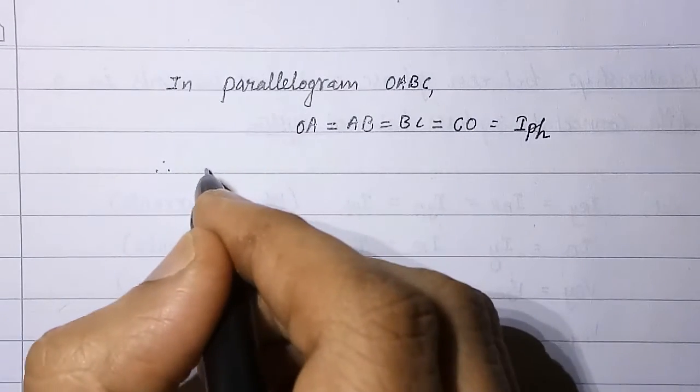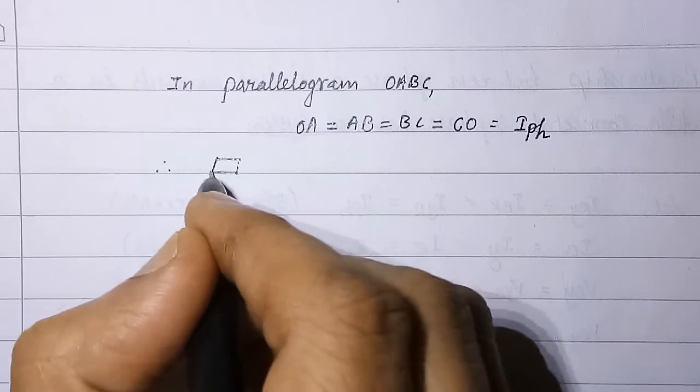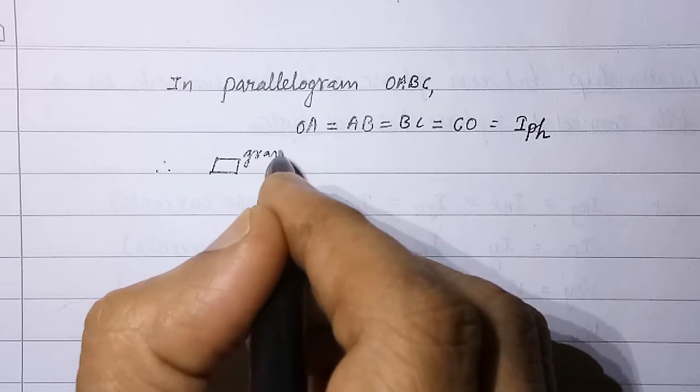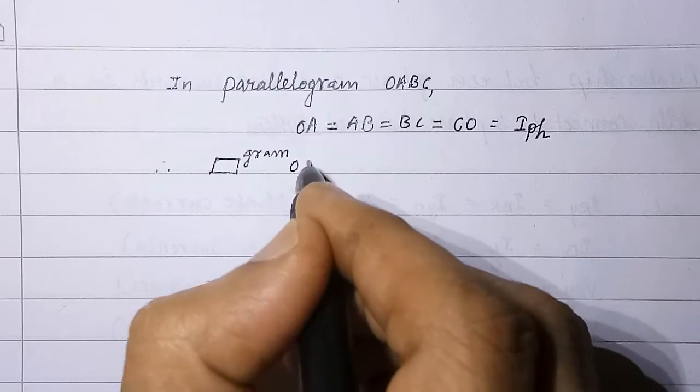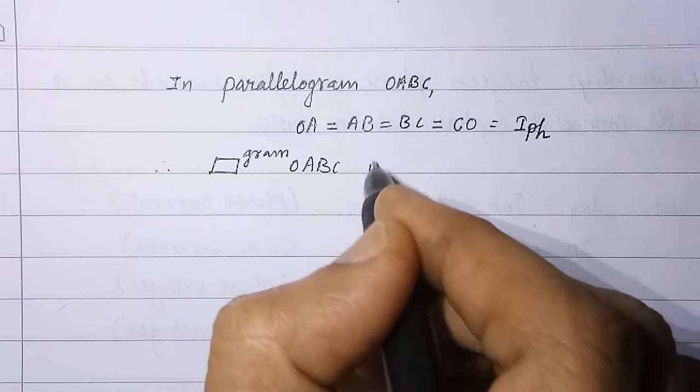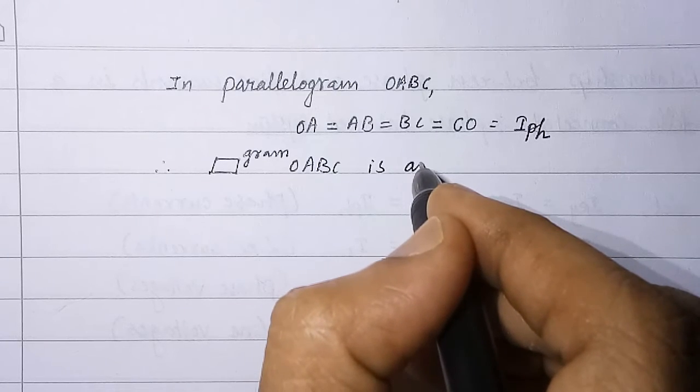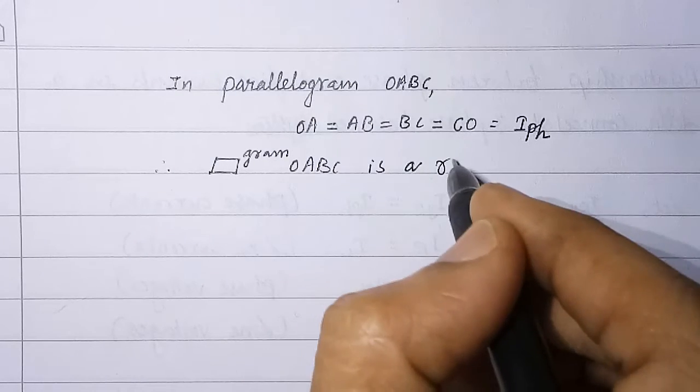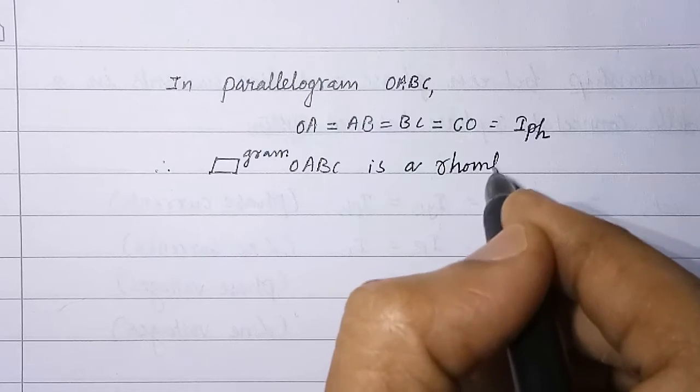Therefore, parallelogram OABC is a rhombus.